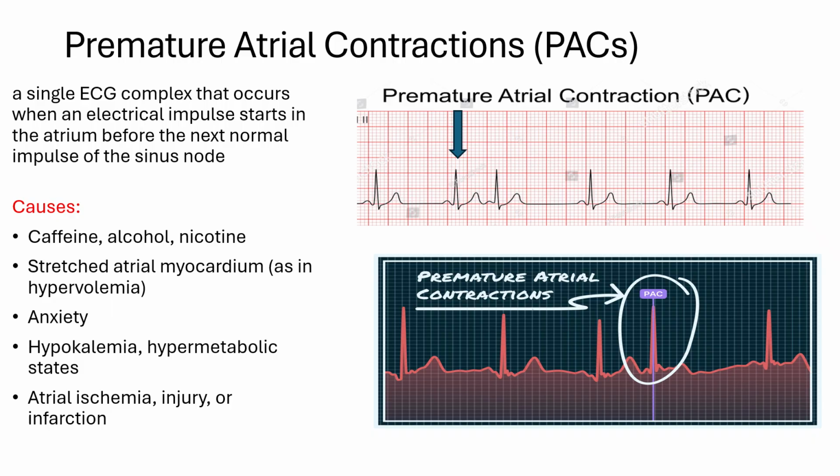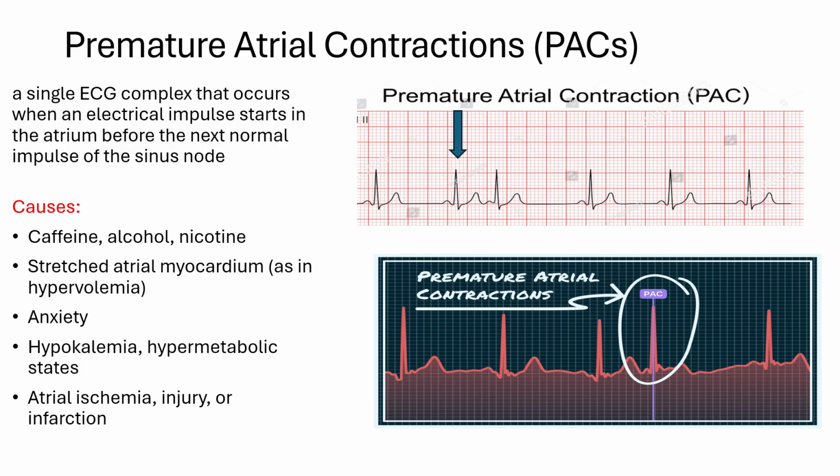Premature atrial contractions, or PACs, are usually not serious as far as atrial dysrhythmias go. However, they can be one of the first signs that a patient is going to convert into a more serious atrial dysrhythmia, such as flutter or AFib. And so they should be monitored. AFib is very serious and it's very common.